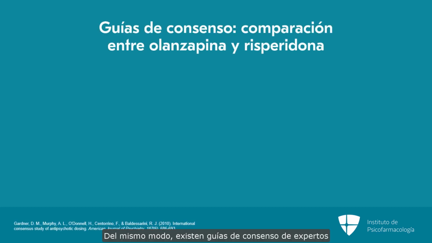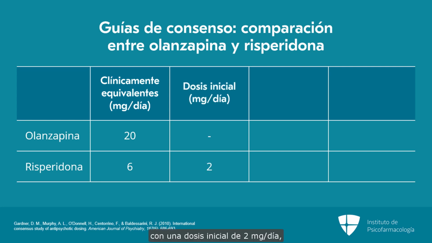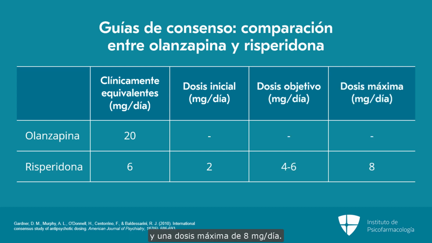Similarly, these expert consensus guidelines exist for switching between different second generation or atypical antipsychotics. So for example, again, with a comparison to 20 milligrams of olanzapine, experts would say that that's equivalent to about 6 milligrams of risperidone with a starting dose of 2 milligrams, a target dose of 4 to 6 milligrams daily, and a maximum dose of 8 milligrams.